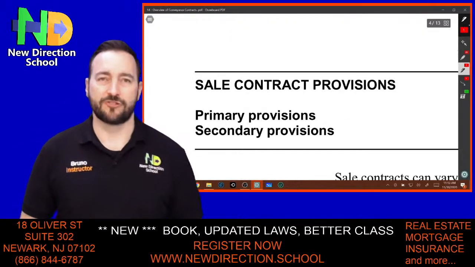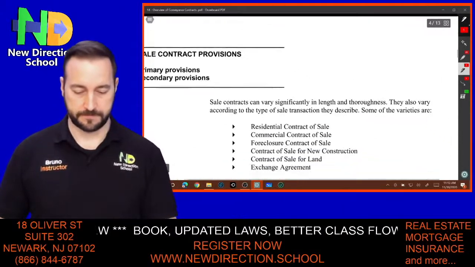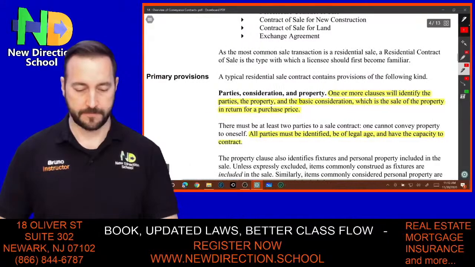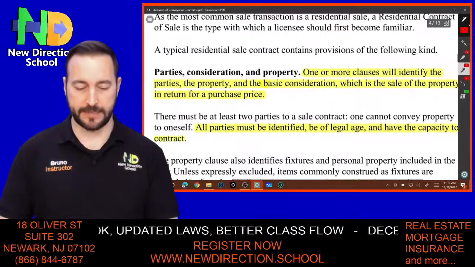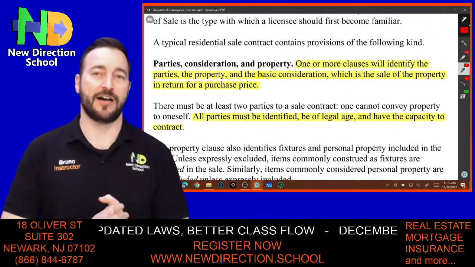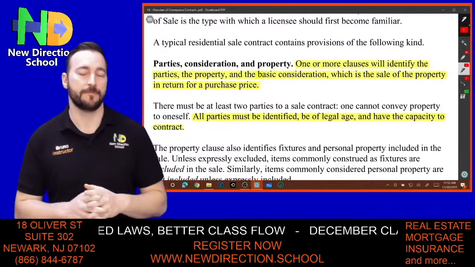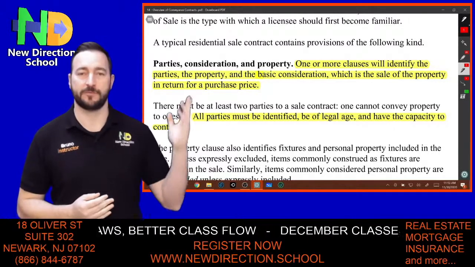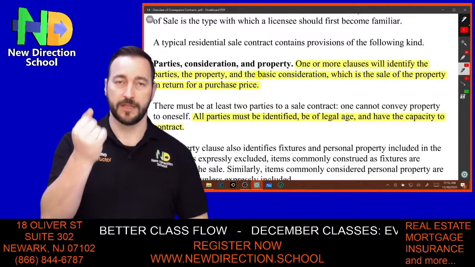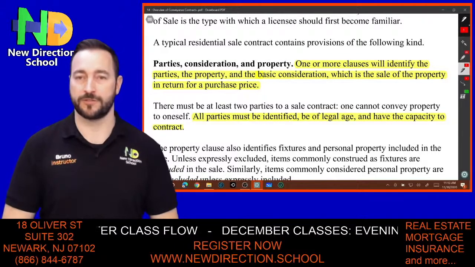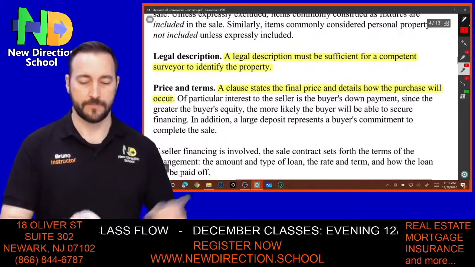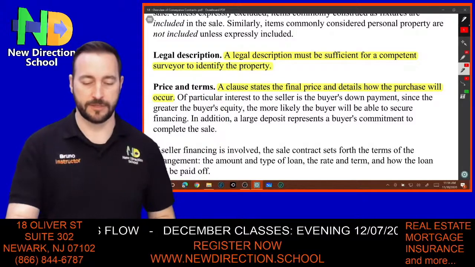All right, sales contract provisions. This is common sense. We already talked about it. So I'm going to fly right through a couple of things here. A sales contract must identify the parties, the consideration, and the property through the legal description, right? We already talked about legal description.